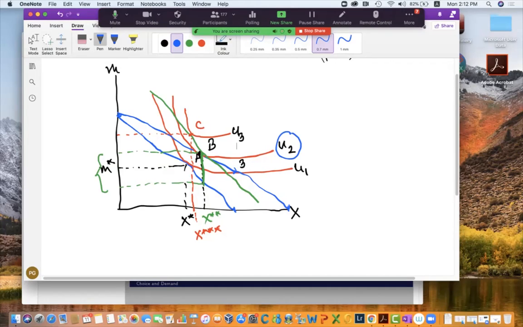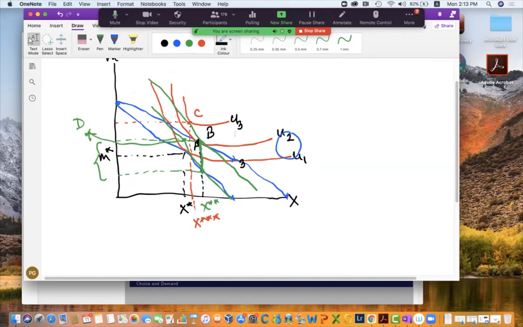So instead, the government can give a little less money, and that shifts the budget line back towards the original one till there's a tangency achieved with the indifference curve at level U2. We can call this point D. So with the same amount of money, you can make the household happier, or you can get the household to the target level of utility U2 at lower cost, if you switch to a cash transfer program instead.